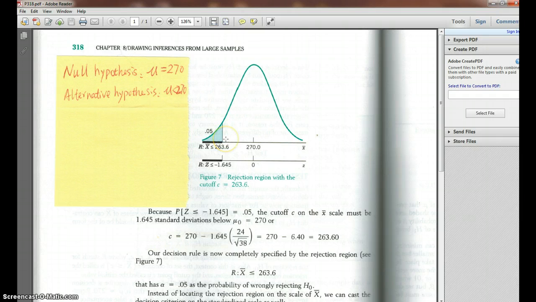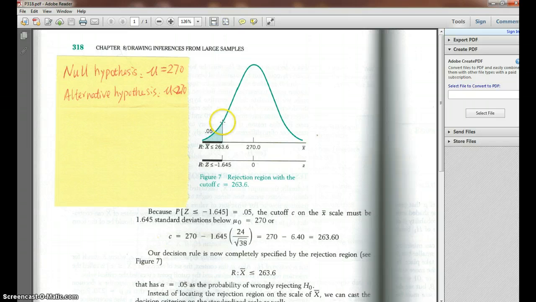So that means the chance of making a mistake of rejecting the null hypothesis is only 5%. If you only have a 5% chance of making a mistake, that is good enough. So the question now is, how do we find out 264 here?